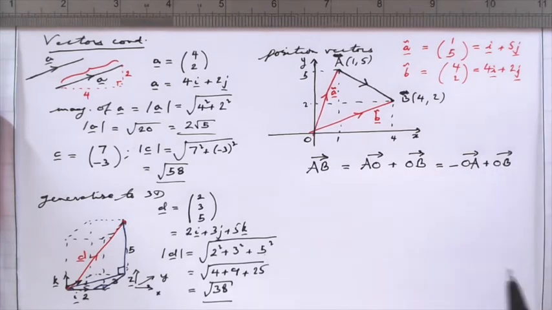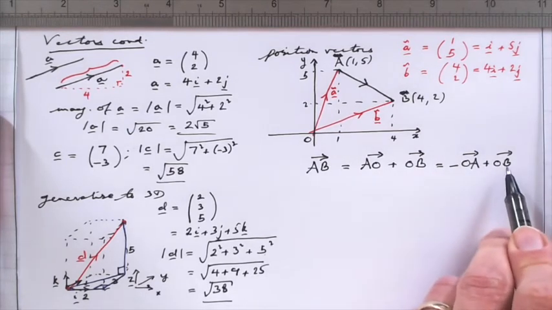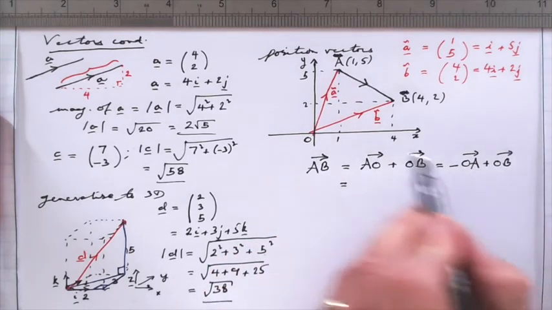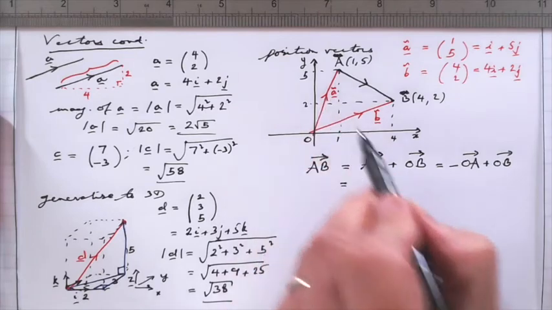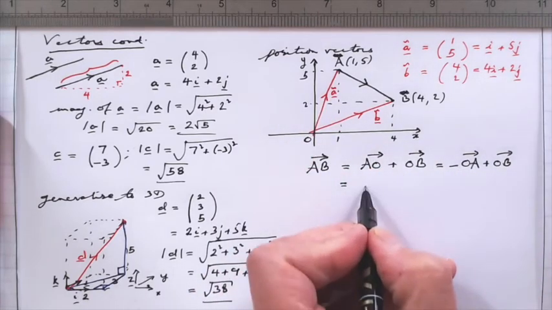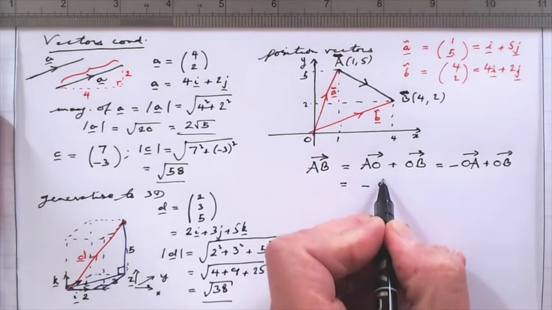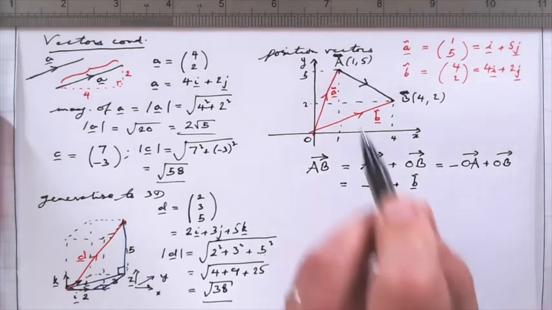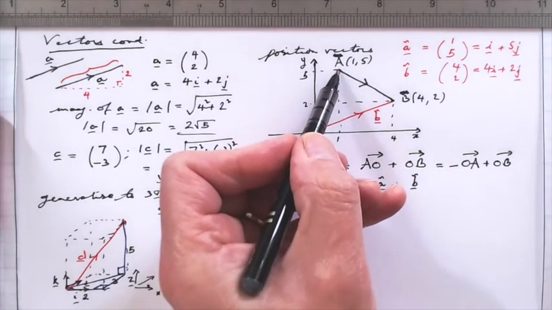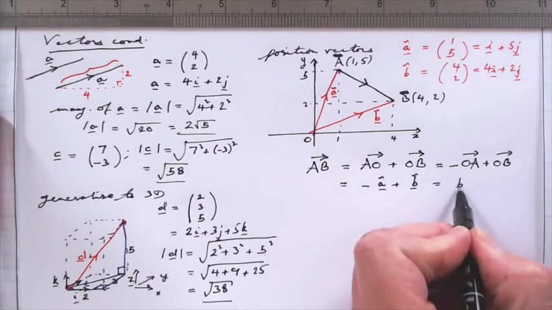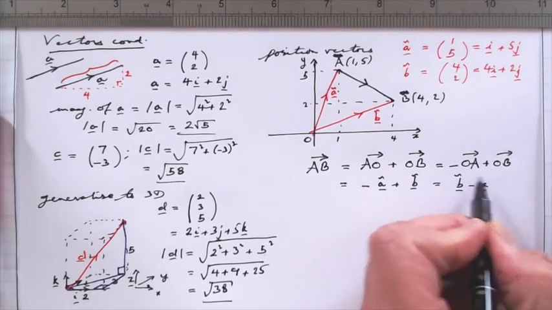This is vector arithmetic, because OA is literally our vector A tilde and OB is our vector B tilde. So what I've written is minus A tilde plus B tilde. I'd rather write the vector from A to B as B take away A.